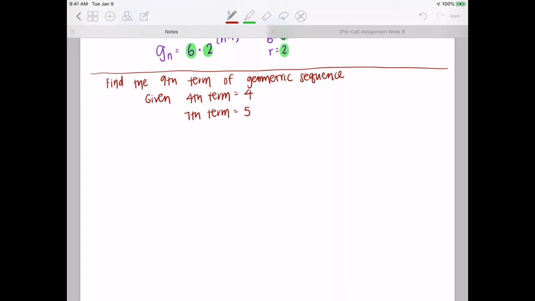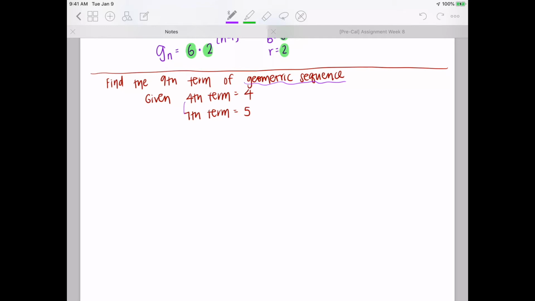Okay, so let's see how we figure this one out. If I know my 4th term is 4 and my 7th term is 5, and this is a geometric sequence, I don't know how much I'm going to multiply 4 by to get to 5 in a few numbers.